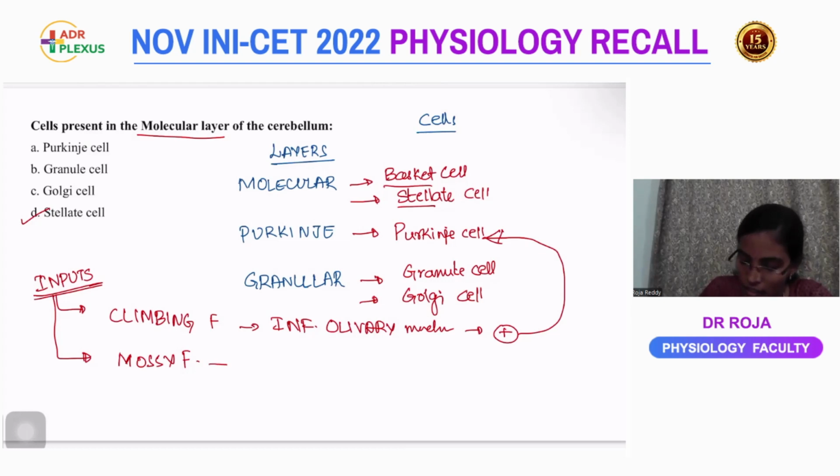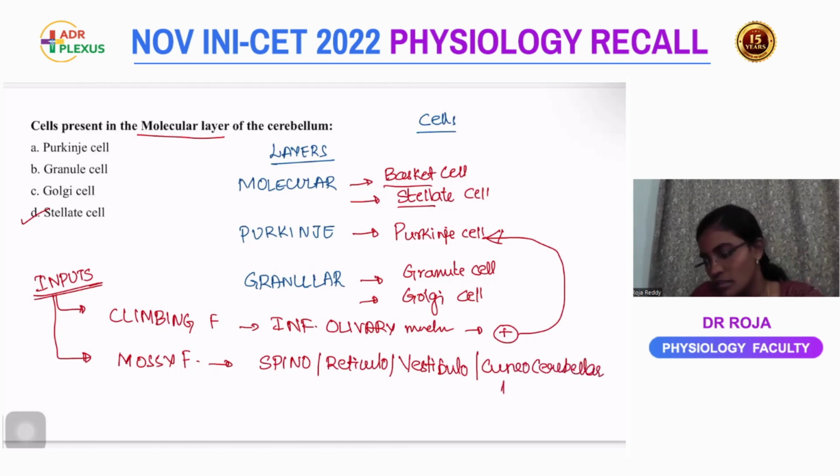And then there are these mossy fibers, okay, which are nothing but the connections of the spinocerebellar, reticulocerebellar, okay, and then the vestibulocerebellar and the cuneocerebellar tracts. Okay, so these are the 2 types of input fibers and the output.